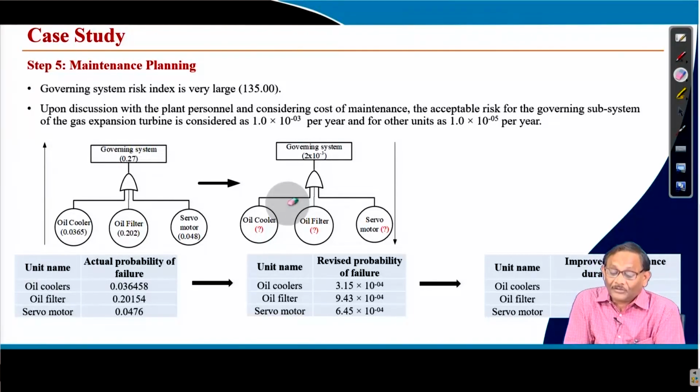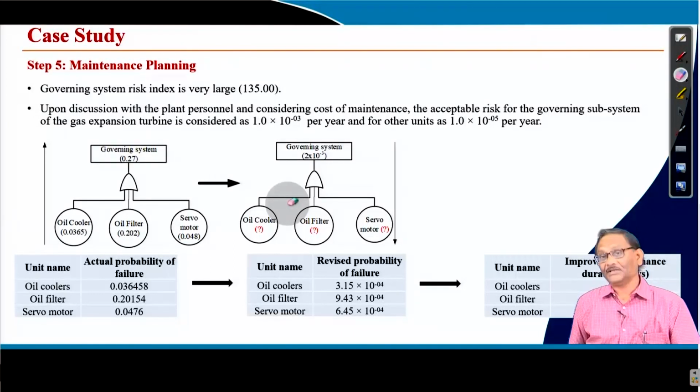But I don't know whether this kind of reduction in the maintenance schedule is possible or not, and after that whether it was executed and finally the results were obtained or not, that information we don't have. But nevertheless, this study is giving you an indication, a clear guideline on how you can do risk-based maintenance.